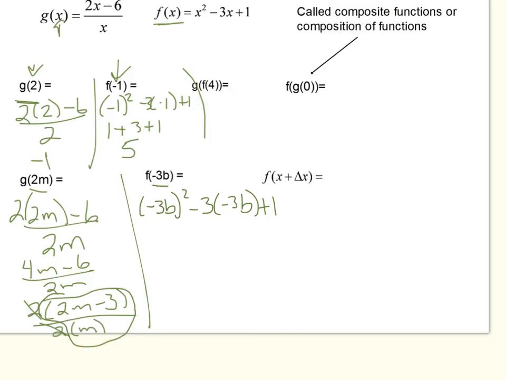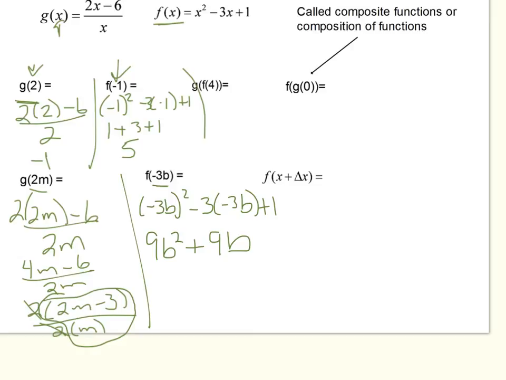Now, remember, that squared is for everything in there. So to simplify this, I have negative 3 squared, that's 9. Negative 3 squared is 9 positive. Okay, and then the b squared is just b squared. Now, that negative 3 times negative 3b is negative 3 times negative 3 is 9b. It doesn't distribute because there's no adding in there.